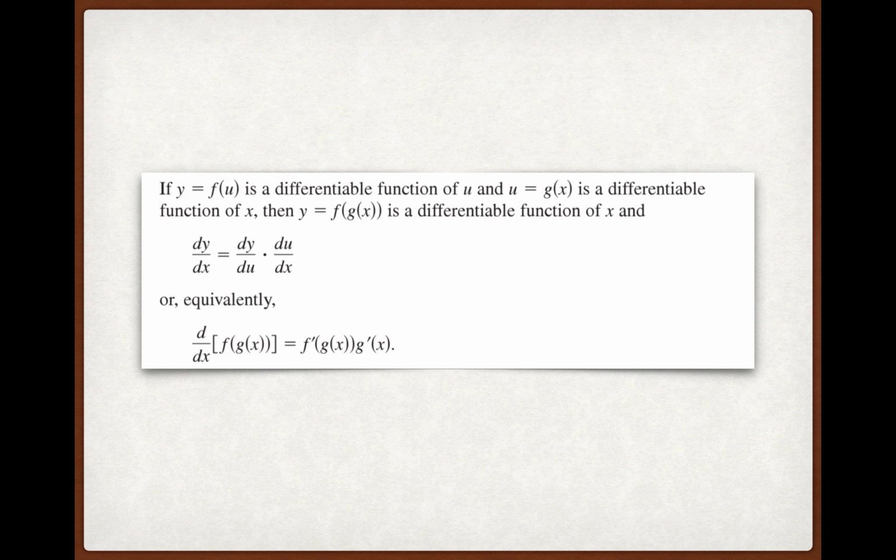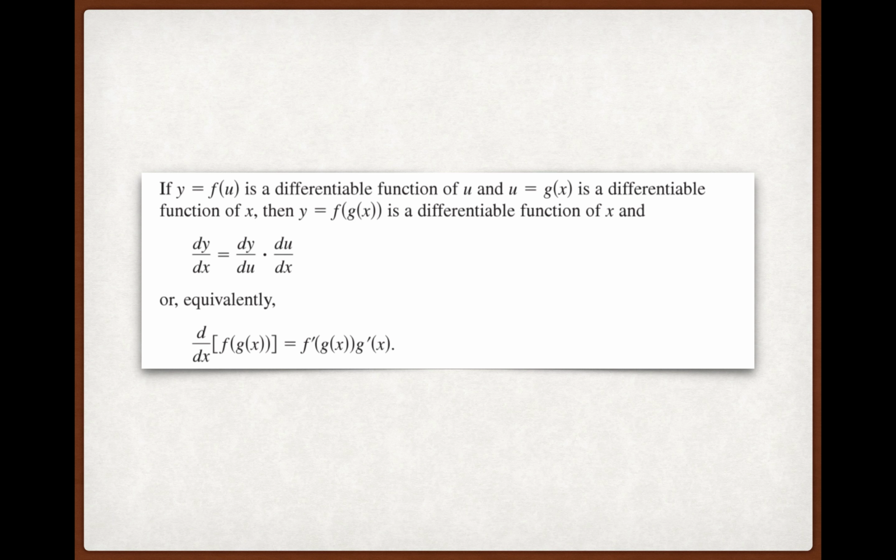If y equals f of u is a differentiable function of u, and u equals g of x is a differentiable function of x, then the derivative of f of g of x, dy over dx, is equal to dy over du times du over dx.